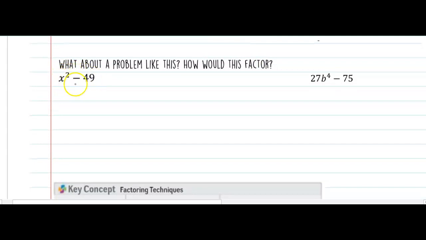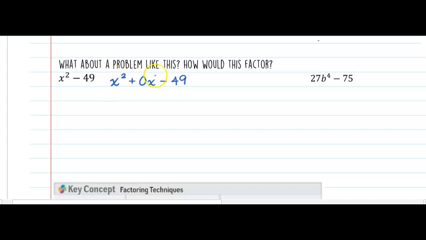Alright, greatest common factor. They don't have anything in common. It's not a trinomial, but I could make it a trinomial. I could say x squared plus no x minus 49. That's the same thing.